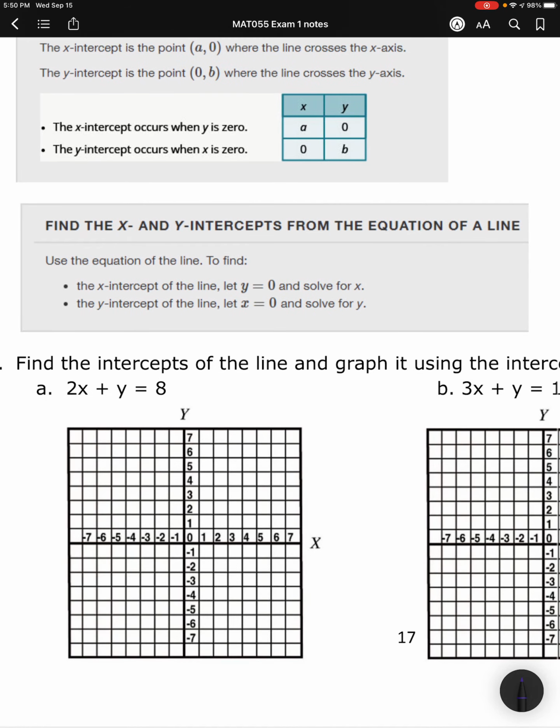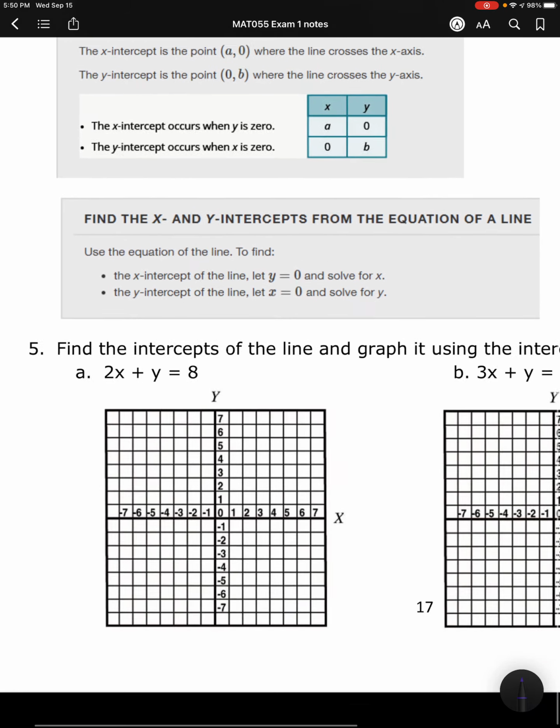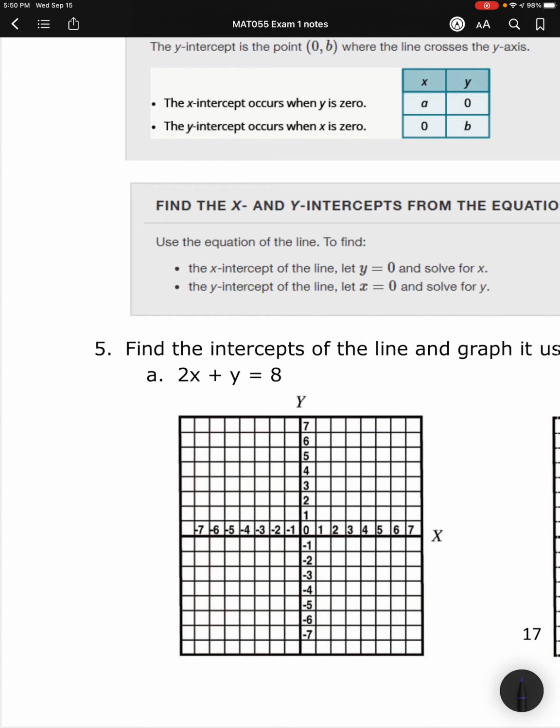So for example, if I want the x-intercept of this example, then I need to plug 0 into y. And I get 2x equals 8, so x equals 4. Now, very important, an intercept is actually a coordinate, an xy coordinate, where the x value here is 4 and then y is 0.